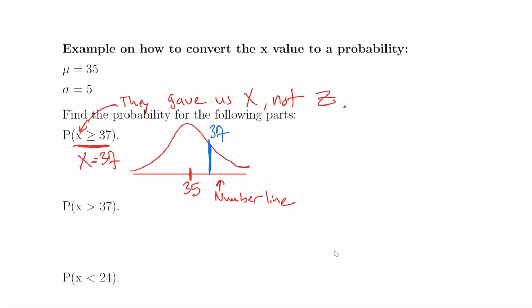Then if you look at this symbol right here, it's telling me greater than. So that means I shade the right side. Any question so far? I got 35 and then the 37 for that blue bar.